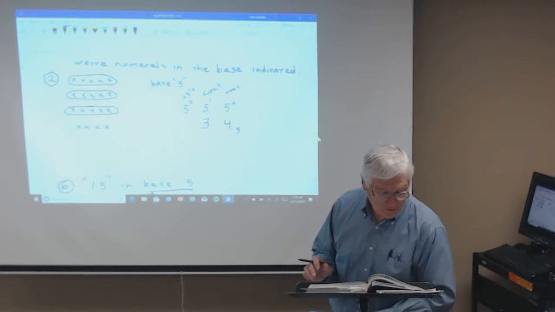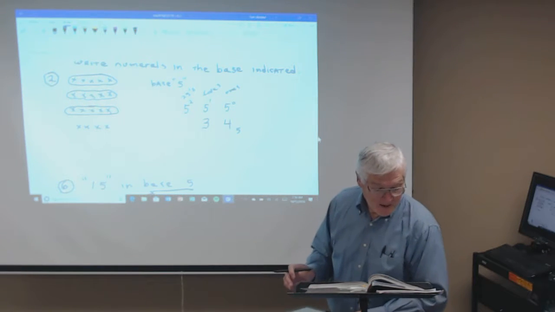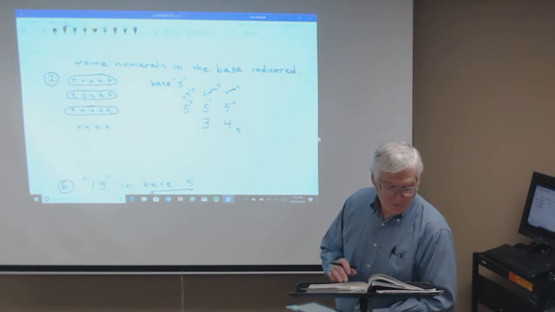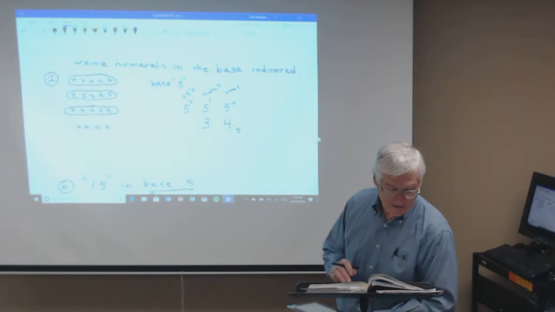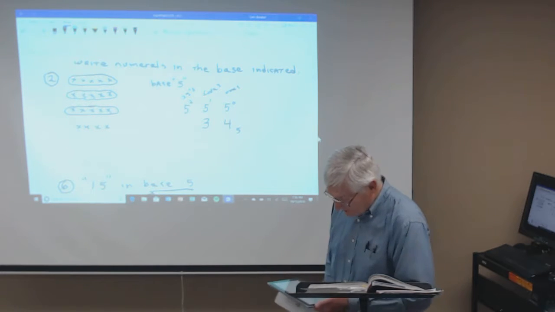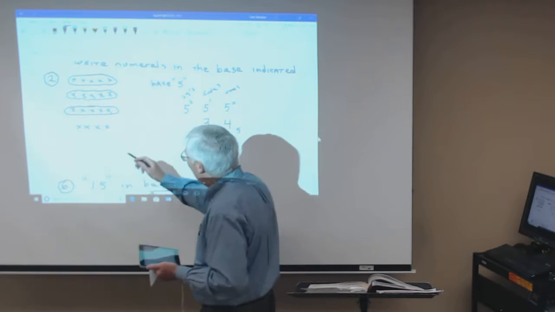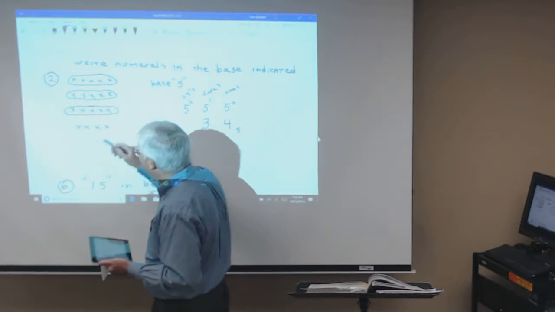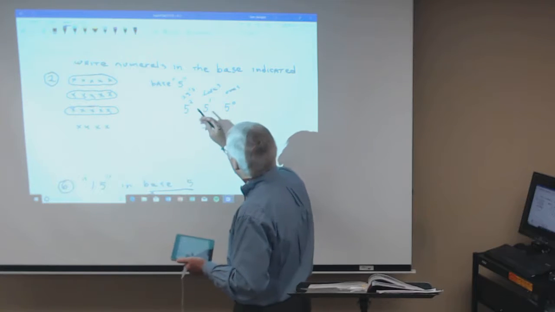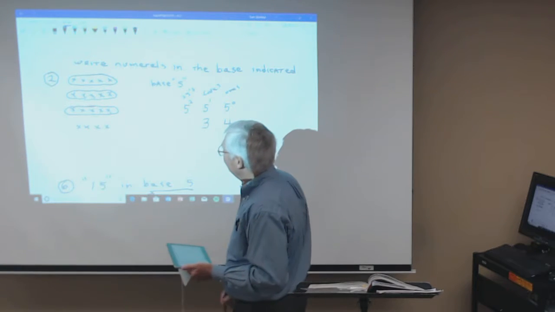We're on page 206. In problems 1 through 4, write numerals in the bases indicated by the manners of grouping. So problem 2 has them grouped in groups of what? 5? So that means we're writing in base 5.